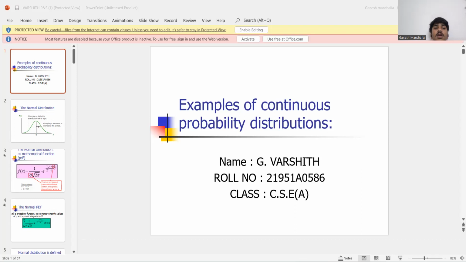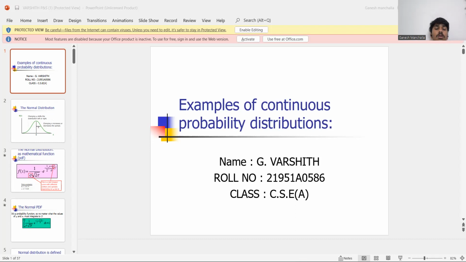The normal distribution is defined by its mean and standard deviation. E of x equals mu, using the formula I said before.